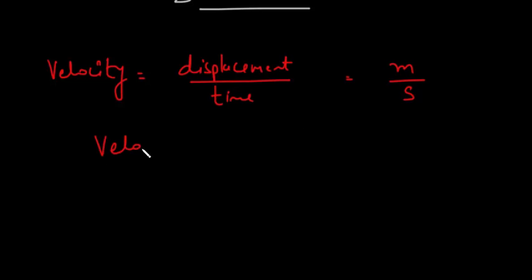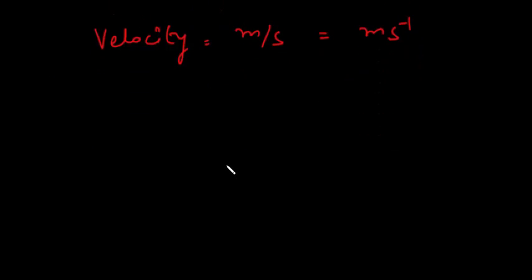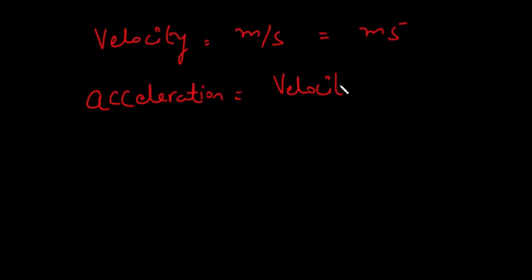So the unit of velocity is meter per second, or we can write it as m s^-1. In the same manner, you can derive any unit, like acceleration. Acceleration is velocity upon time. So the unit we just derived for velocity is meter per second and time is second.